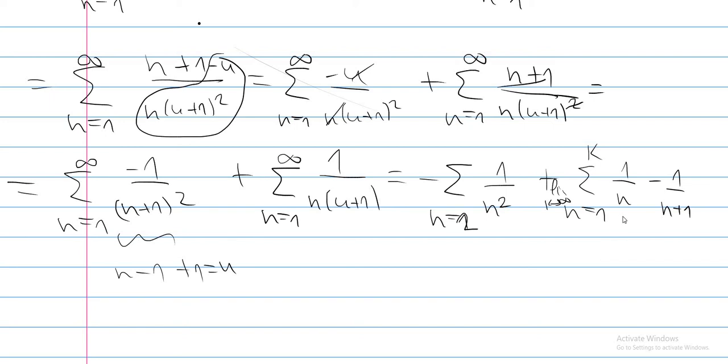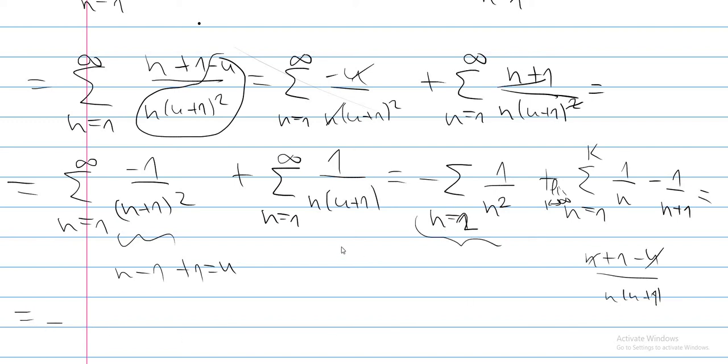As you can see, if we expand those two, we will get n plus 1 minus n over n times n plus 1. And we get what we started with. So this is legit.